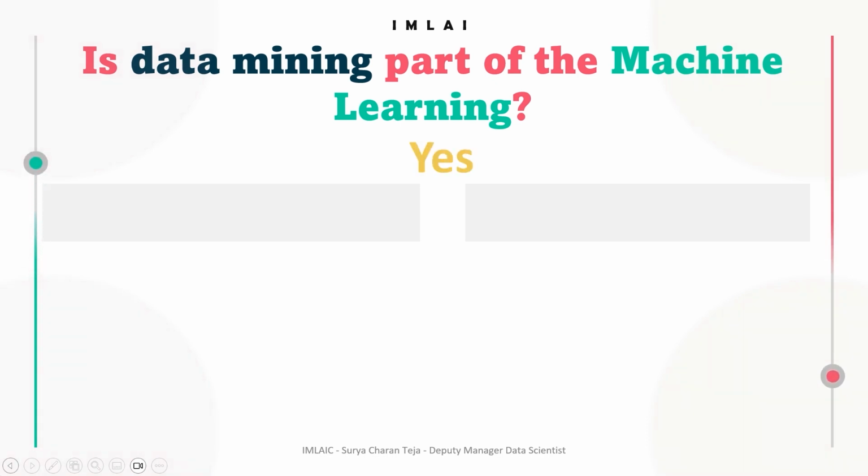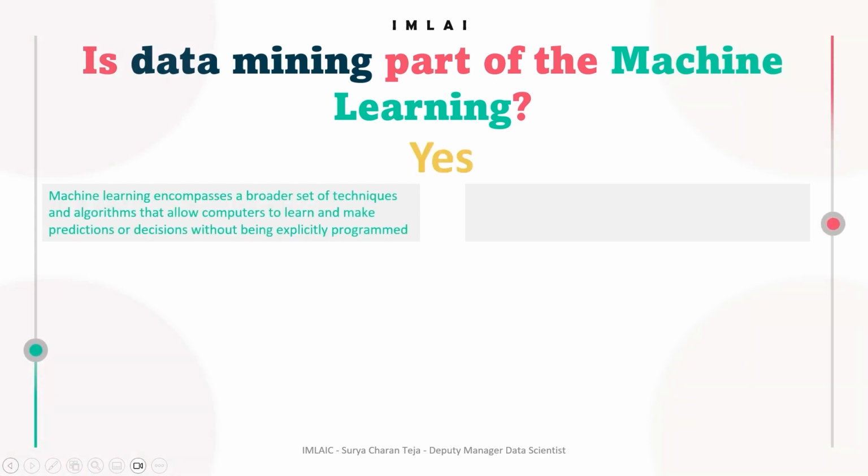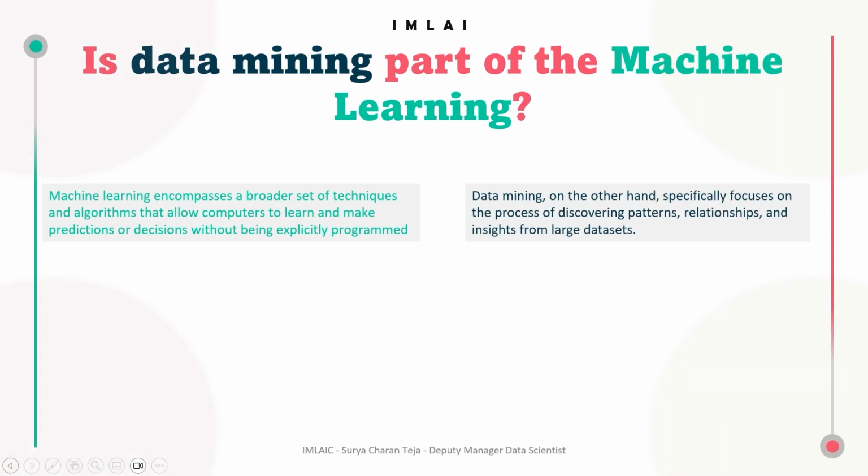Machine learning encompasses a broader set of techniques and algorithms that allow computers to learn and make predictions or decisions without being explicitly programmed. Data mining, on the other hand, specifically focuses on the process of discovering patterns, relationships, and insights from large data sets.